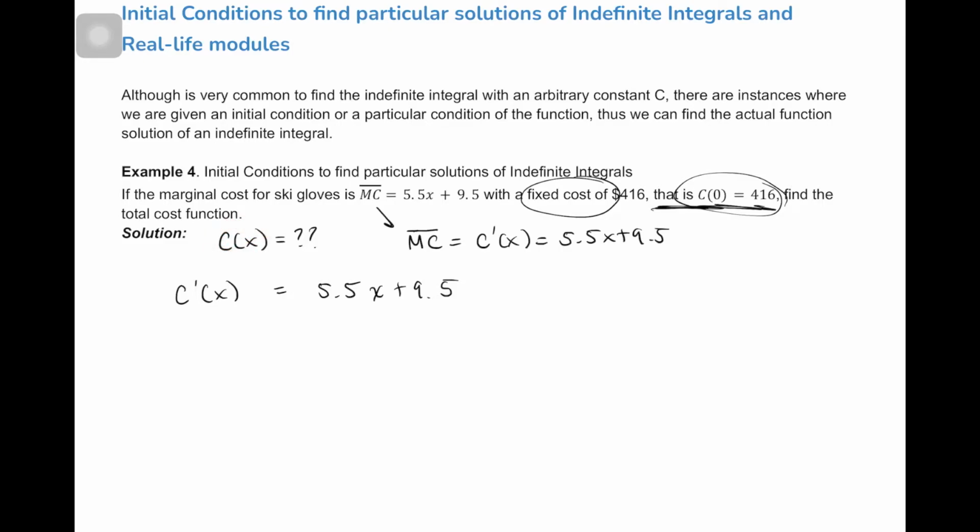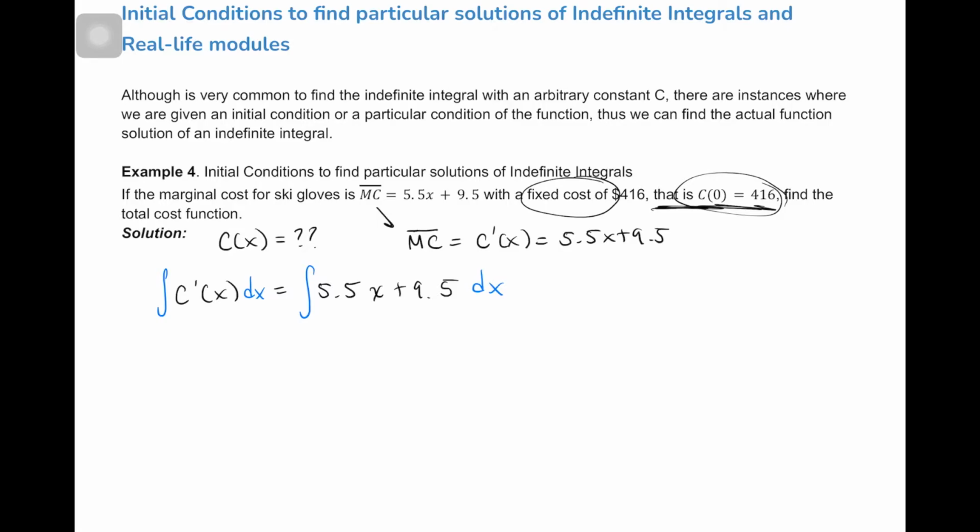Is there a way to undo the derivative? The answer is yes. We can undo the derivative by taking the antiderivative, and I'm going to put this in blue. So we take the antiderivative on the left side, but whatever you do on one side, you have to do to the other side. Do you see what I mean?